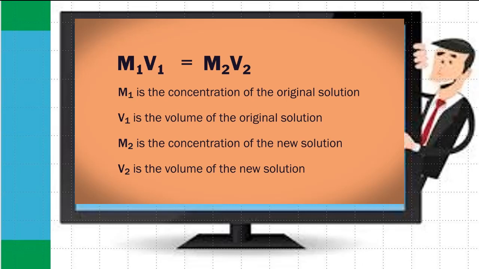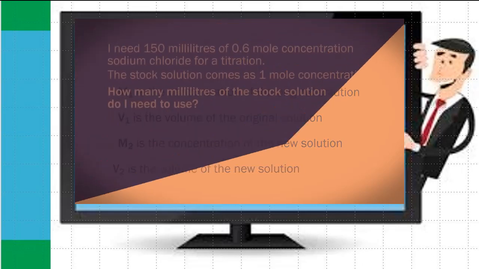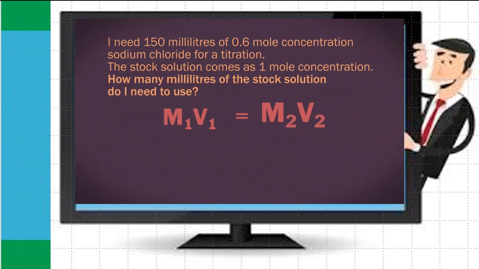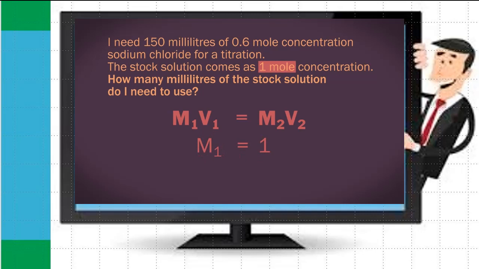Let's now have a look at how to use this easy peasy equation. So we have our M1 V1 equals M2 V2 equation. Here, our before values are M1 equals 1, and we don't know V1. Our post-dilution values are M2 equals 0.6 and V2 equals 150 milliliters.